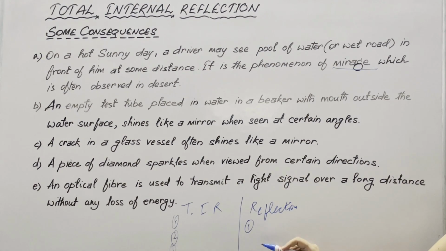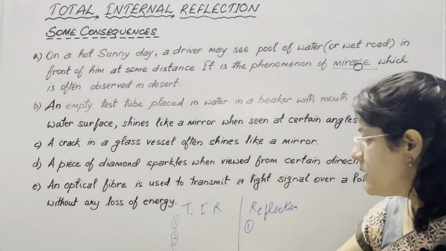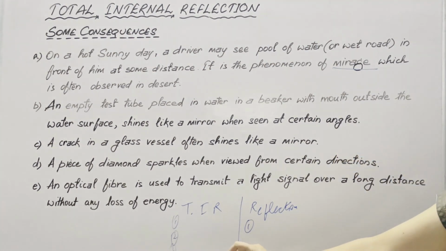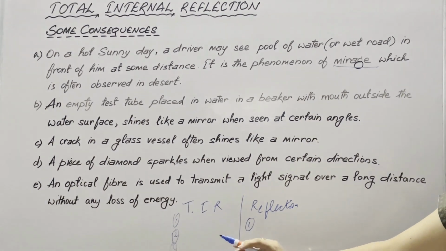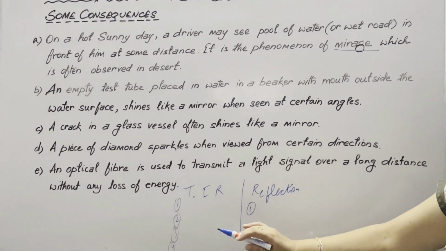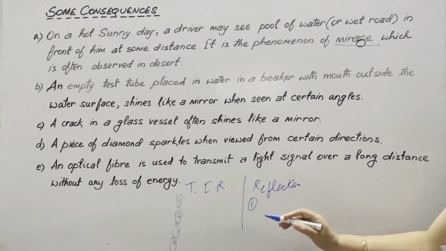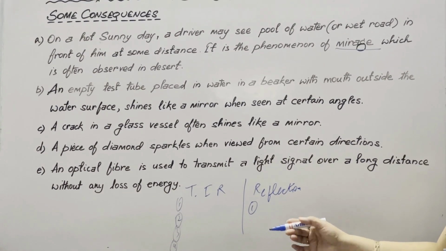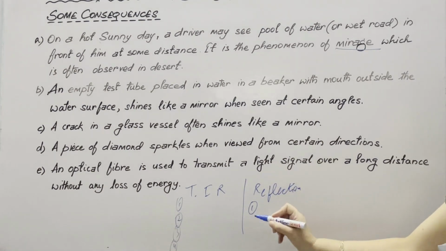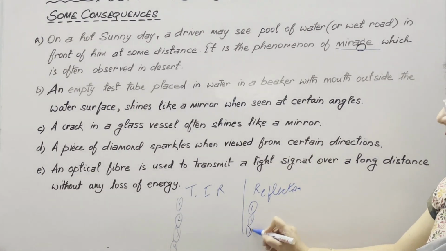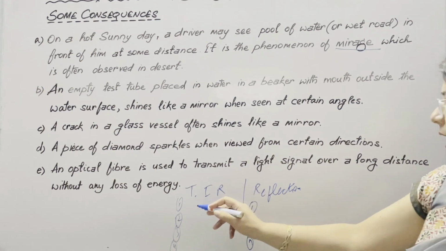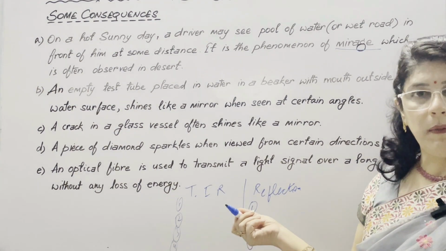Here, loss of energy is there. Fourth point, the image is much brighter in the case of TIR and brightness remains unchanged even after a long use. Here, the image is less bright and brightness gradually decreases because the silvering on the mirror becomes old and rough. So these are the 4 points of differences between TIR and reflection. These may be asked in your examination.